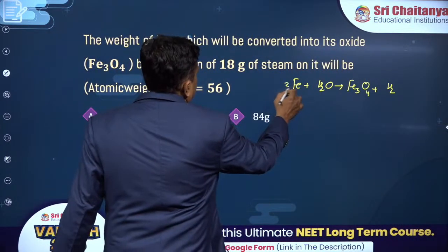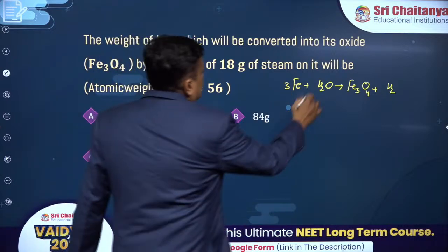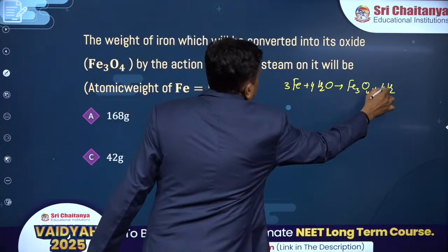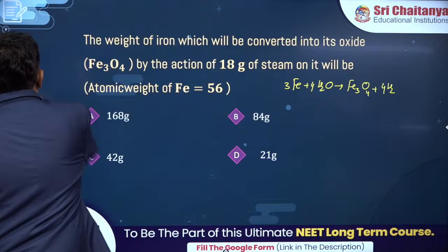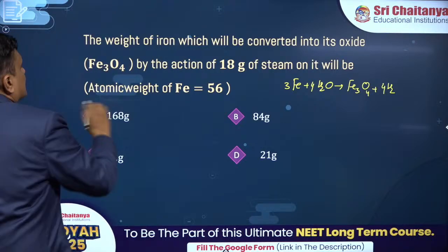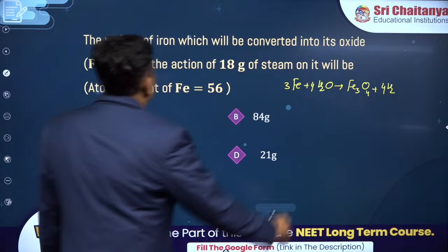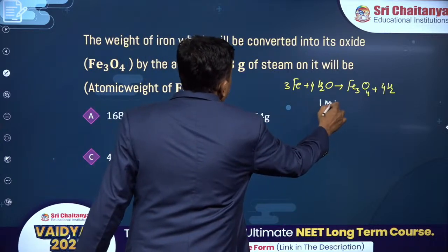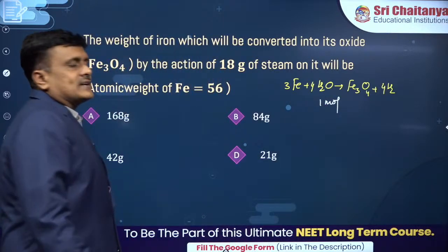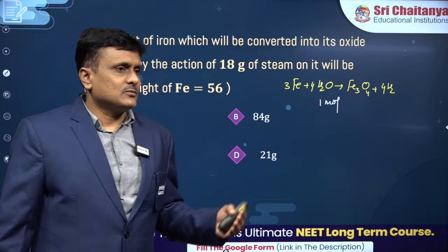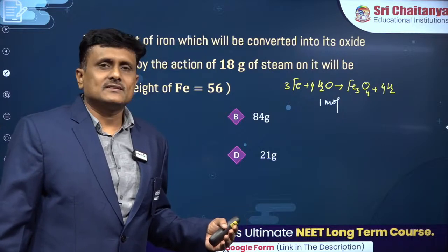Since Fe3O4 is given, 4 oxygens, 4 hydrogens. Now what is the impact over here? You need to calculate what? 18 grams of steam. That means how many moles? 18 by 18, that is 1 mole, isn't it? What do you all say?